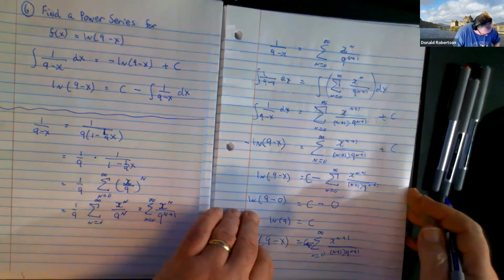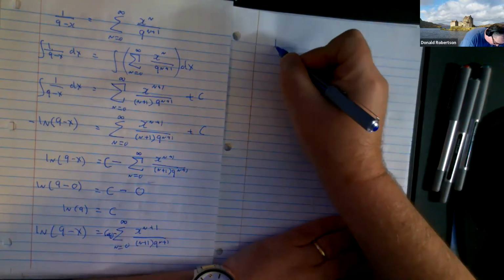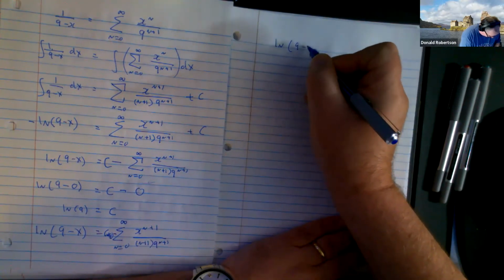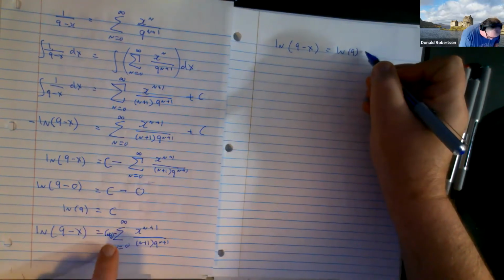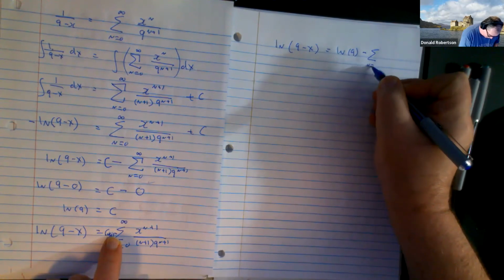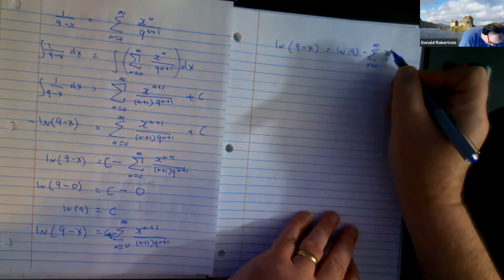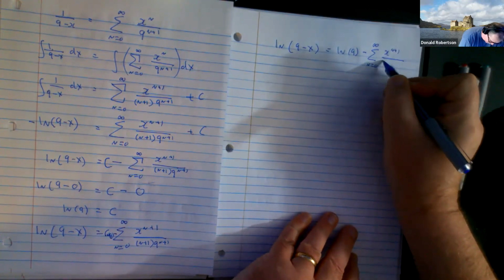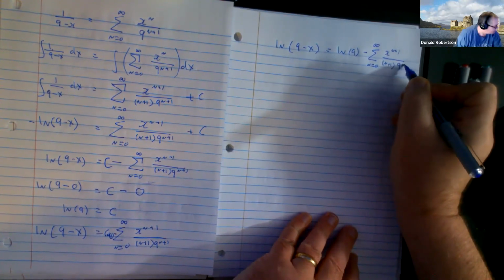Just rewrite this a little bit clearer. The natural log of 9 minus x is C, which is the natural log of 9, subtract the sum from n equals 0 to infinity of x to the n plus 1 over n plus 1, 9 to the n plus 1.